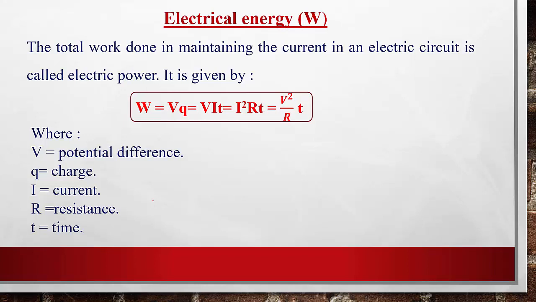Right? Next term, electrical energy, which is denoted by W. What is electrical energy? The total work done in maintaining the current in an electric circuit is called electric energy. If you want to maintain current in the electric circuit, we need electrical energy.